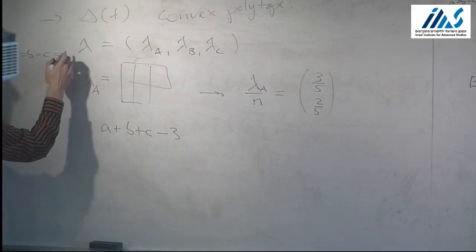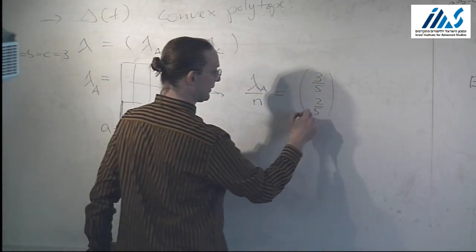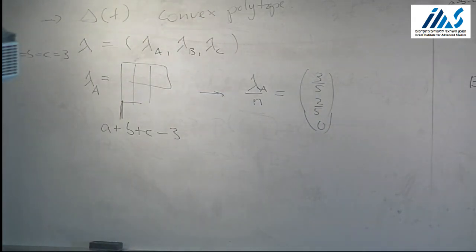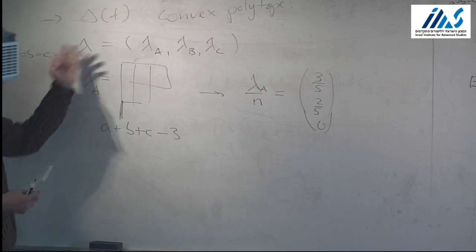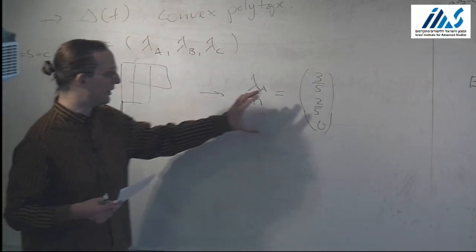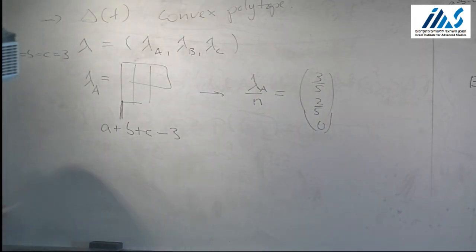If it was 3, then I should put a thing here, and it would be 0 here. So it depends on the ambient dimension of your space. It's a plus b plus c, so I have 3 diagrams, a for this, b for this, c for this. But because I normalized, they all sum to 1. So there's a relation here, and that's minus 3. Thank you for pointing that out. Excellent. Very good.